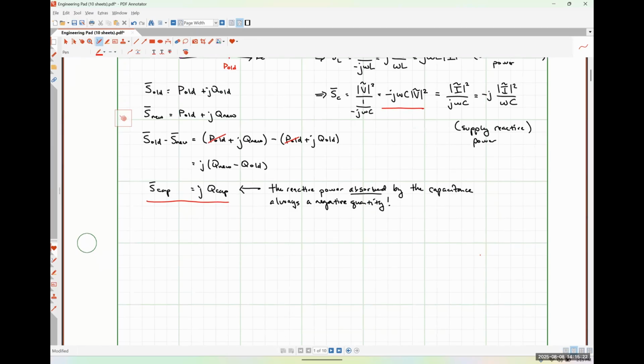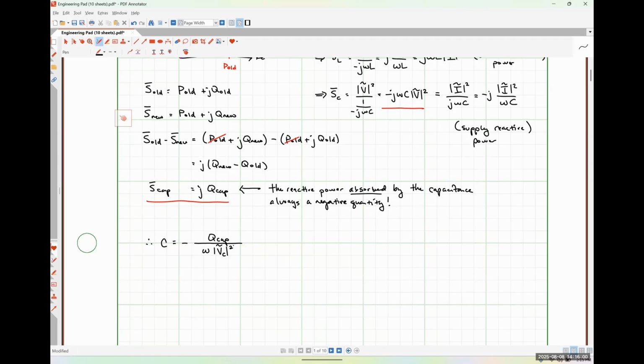Okay. So if I rearrange those relationships, what I'll wind up getting is the equation C is equal to negative Q cap divided by omega, the angular frequency at which our system is excited, times the magnitude of the voltage drop across the capacitor squared.